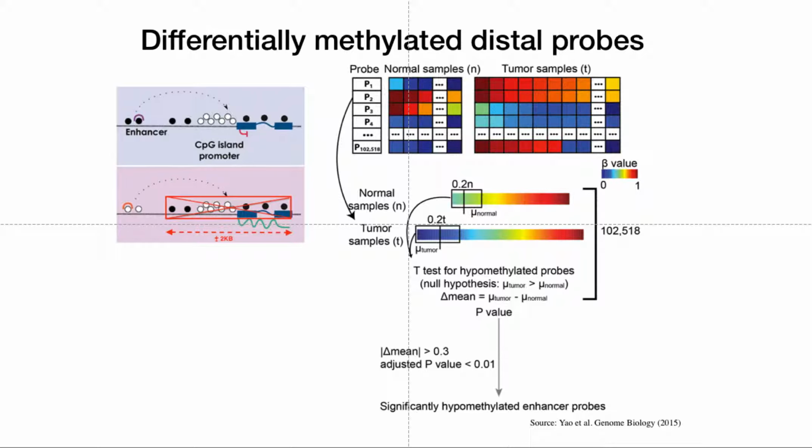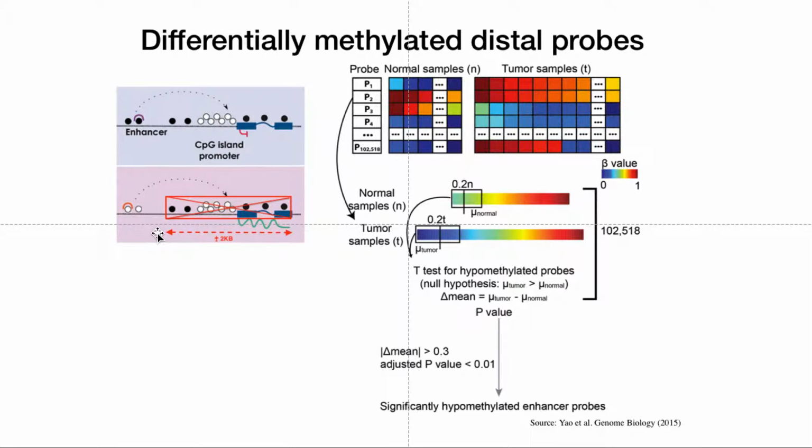The first step is to identify those differentially methylated distal probes. For ELMER, we're using 2 arrays, 450K and the EPIC array. Then we get the probes that are close to the TSS.